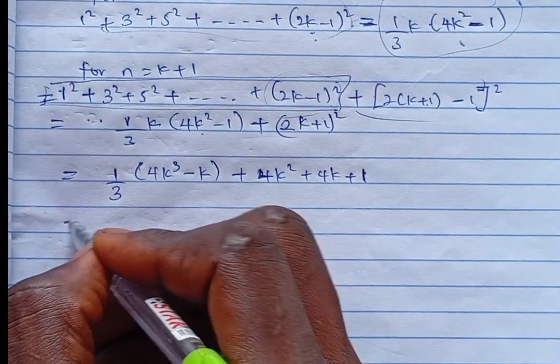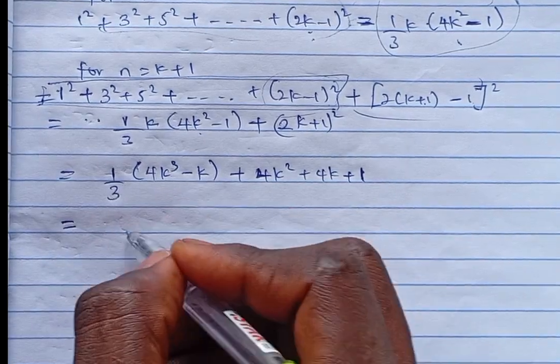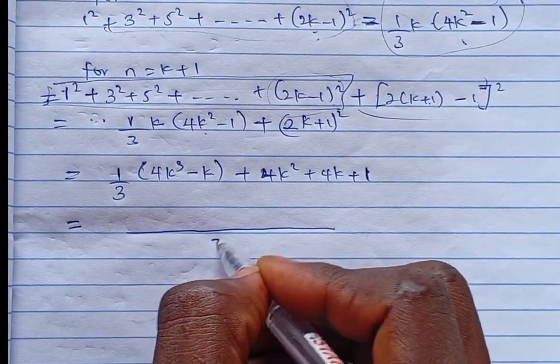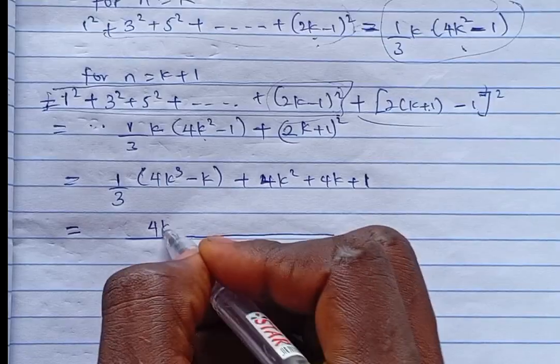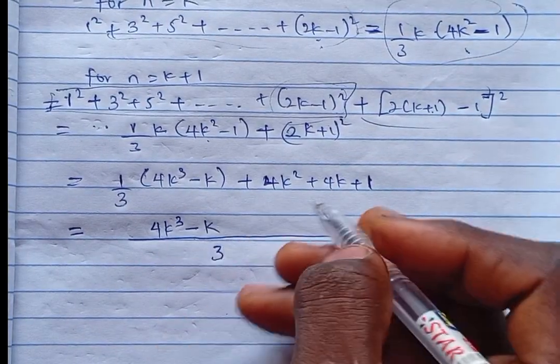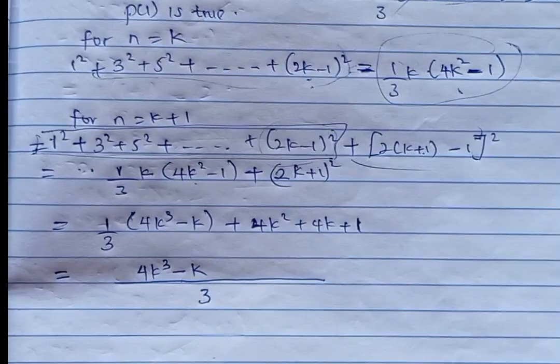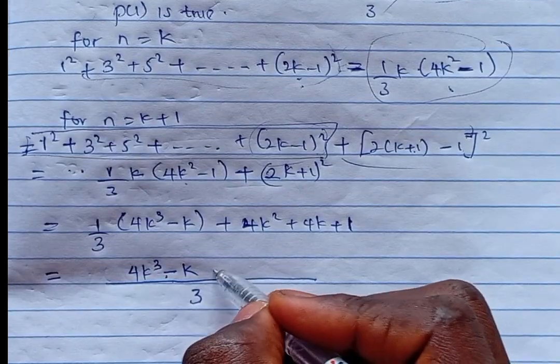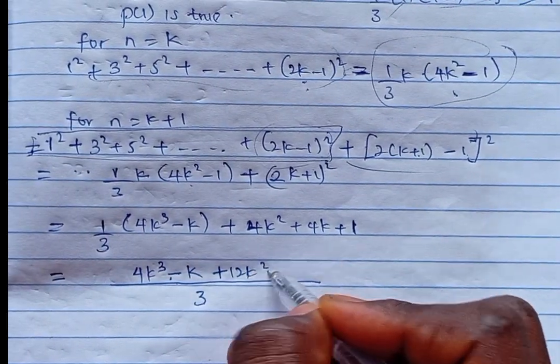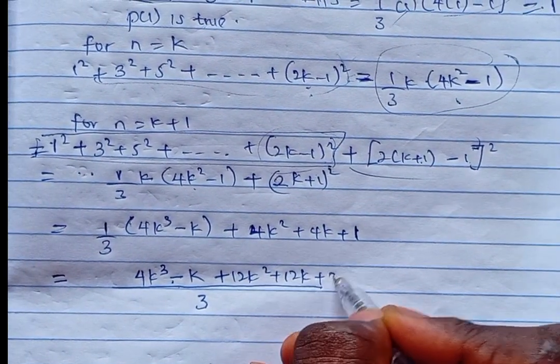So you can go further by saying, let me make this 3 the LCM. So we have 4k cubed minus k plus 12k squared plus 12k plus 3.